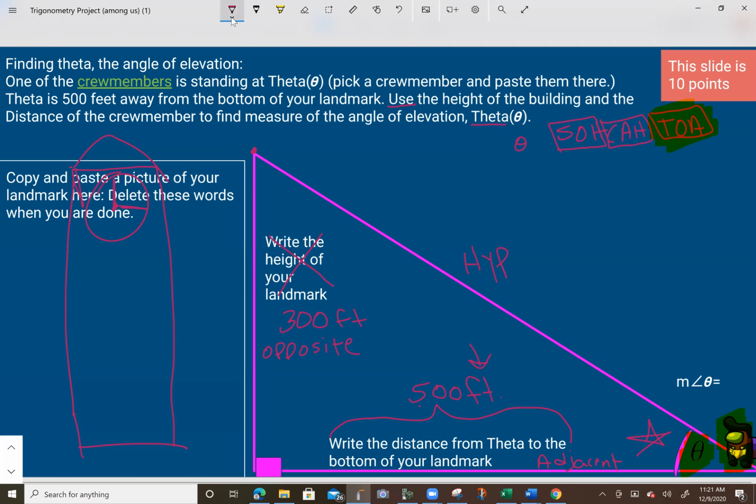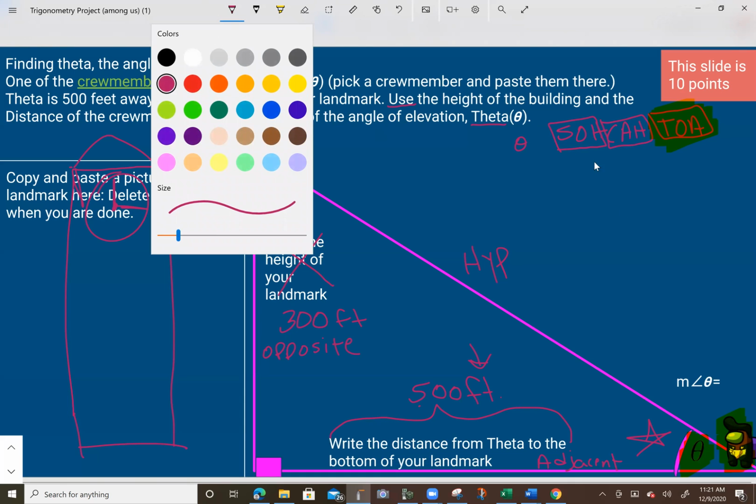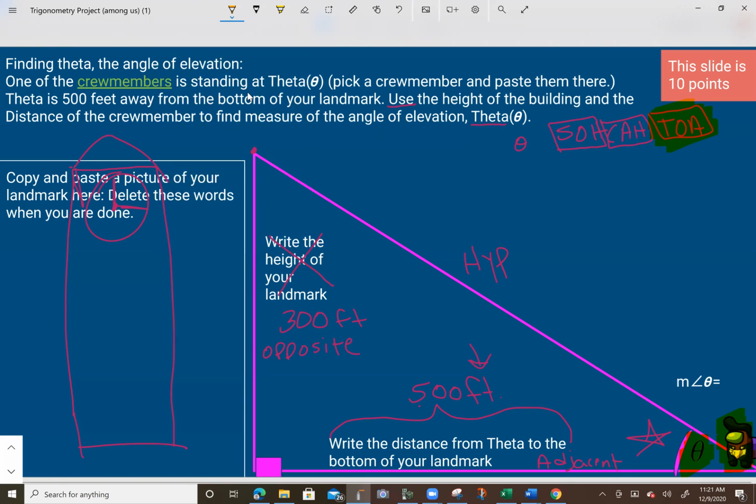What that looks like in this particular case that I just made up is that the tangent of theta, you can put that in parentheses if you like, is equal to the opposite side, which is 300, over the adjacent side, which is 500.